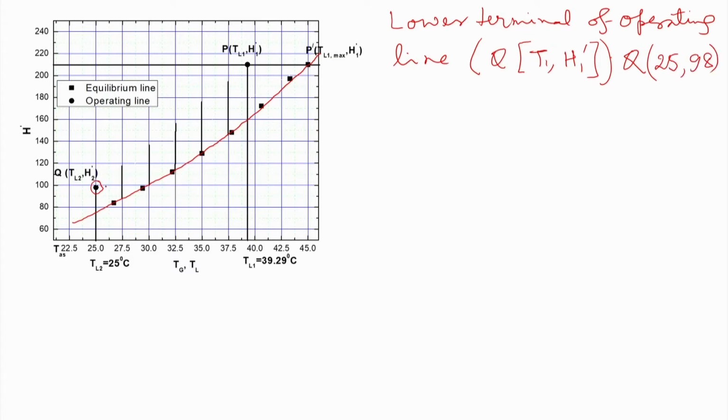So, now we have located the lower terminal of the operating line, that is, this one point Q.